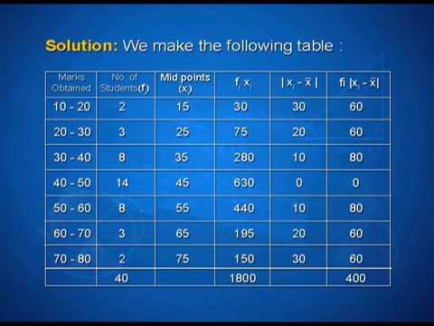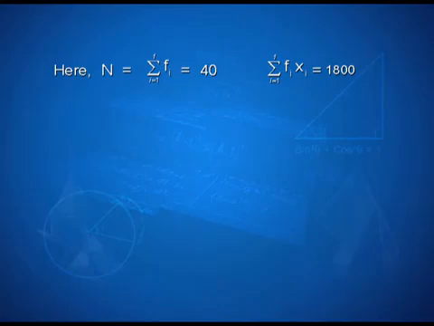Now let us look at the computation. Here n is equal to summation i ranging from 1 to 7 fi is equal to 40, summation i ranging from 1 to 7 fi xi is equal to 1800, summation i ranging from 1 to 7 fi into absolute value of xi minus x bar is equal to 400.